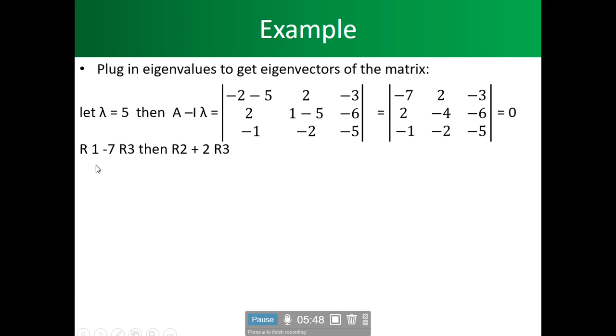So the first thing we would like to do is take 7 times row 3, and we're going to subtract that from row 1.